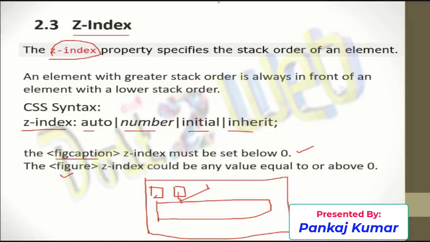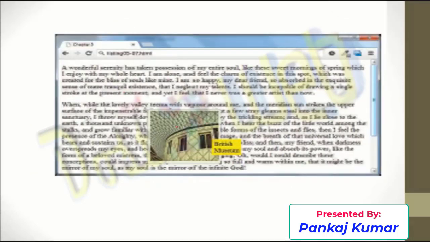You can define anything. Like this we can do it, right? This is the Z index. You can see here the property which we have used in Z index.